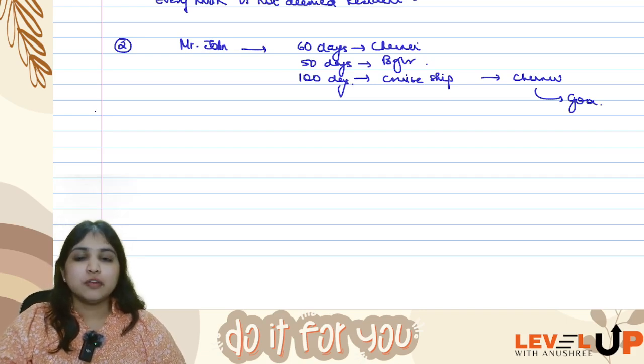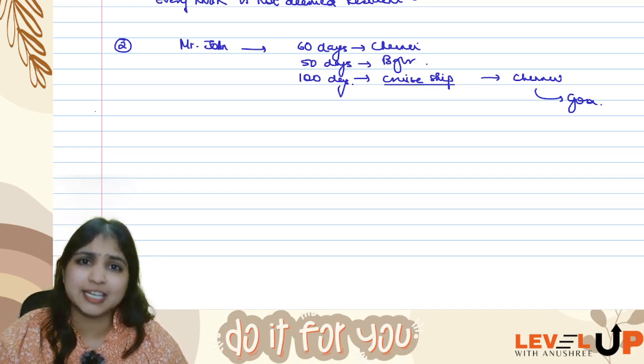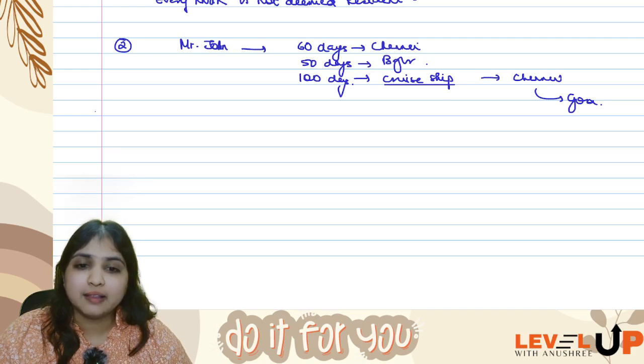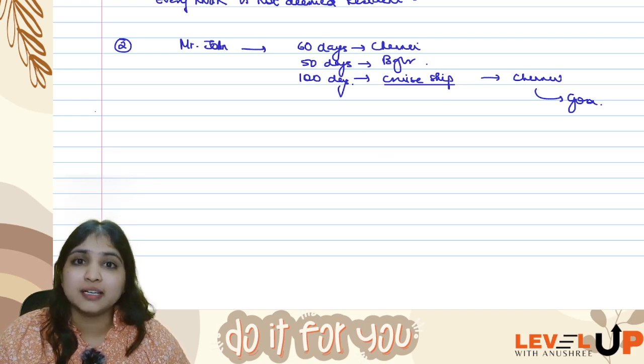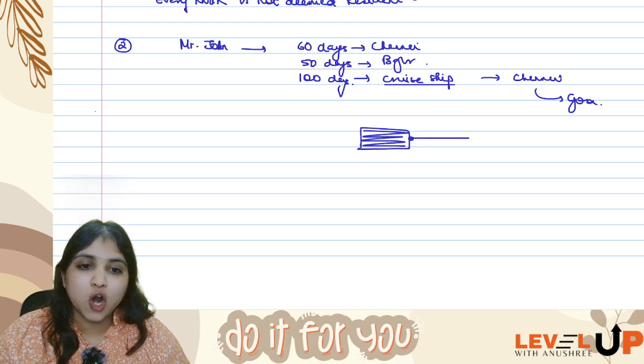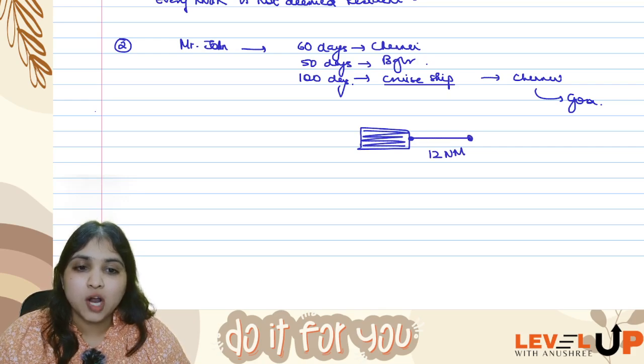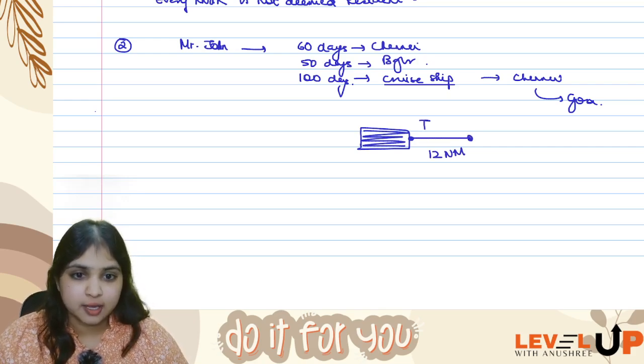Alright. Now if you see this, when I say cruise ship, let me give you a little more information. Where the land mass of the country ends, from that point, for 12 nautical miles in the ocean, we call this area in the ocean the territorial waters.